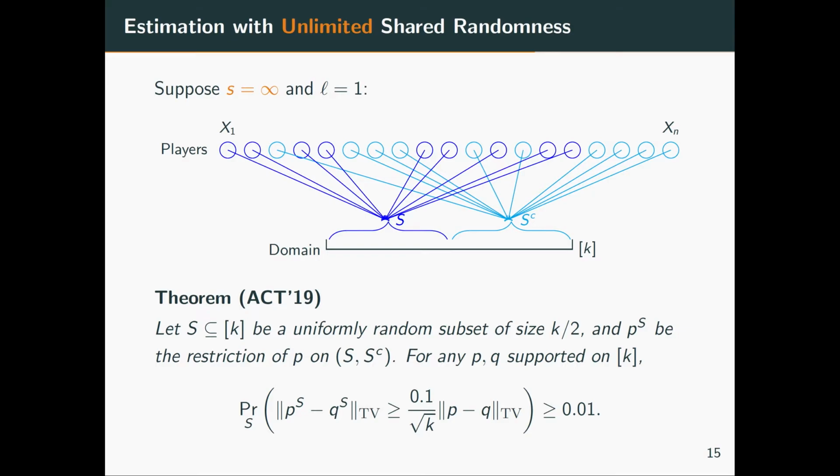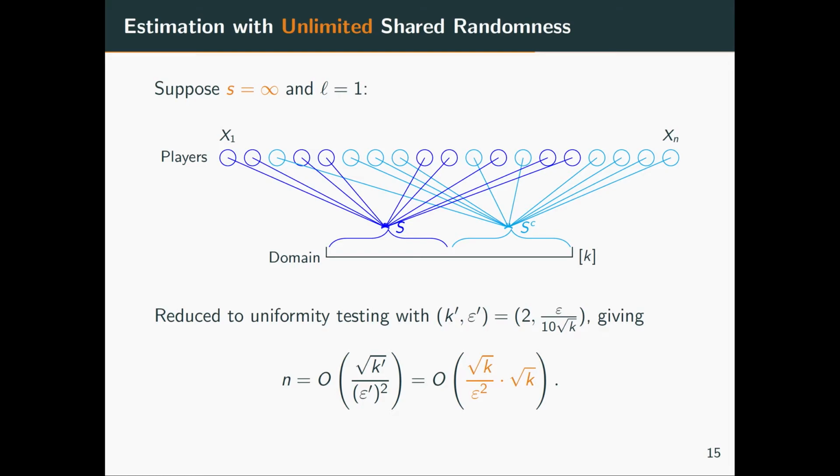Previous work by Acharya, Canonne, and Tyagi shows that if this subset is chosen uniformly at random from all subsets of size k over 2 using public randomness, then the total variation distance is preserved up to a factor of 1 over square root k with constant probability. Moreover, the uniform distribution is also mapped to the uniform distribution.